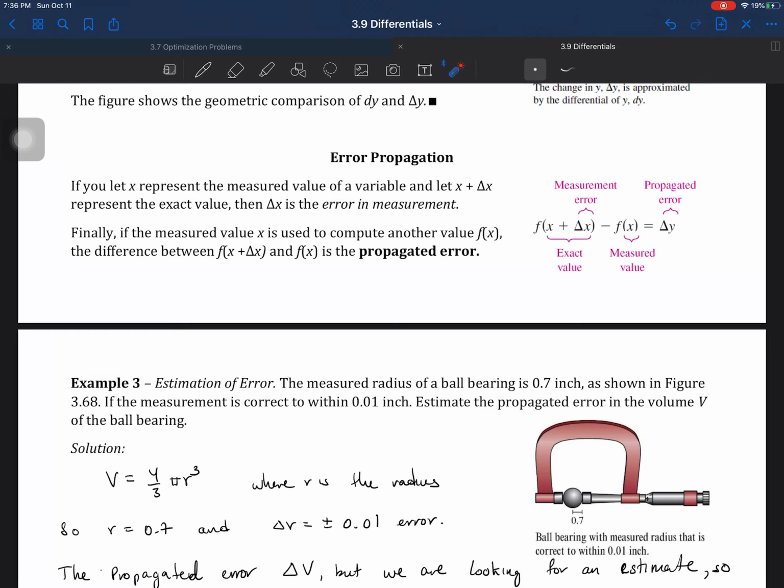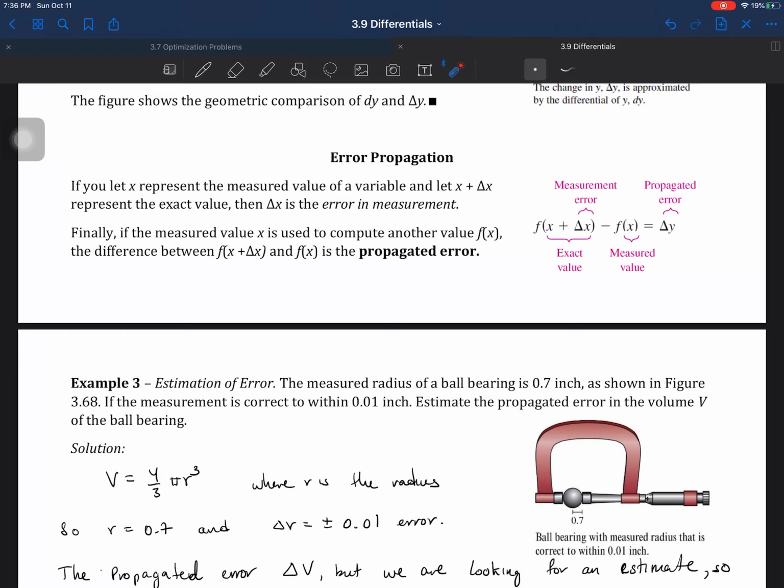Obviously, we're not perfect, so when you measure something, you're not going to measure accurately. There's going to be some error that you bring to your formula because of your faulty measuring, and when you put it into the formula, it's going to propagate into the formula. Anyway, that's how I understand it.